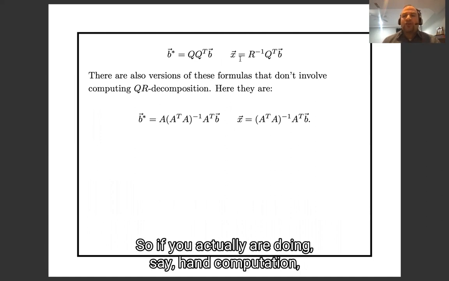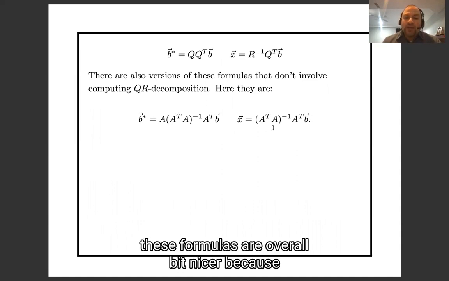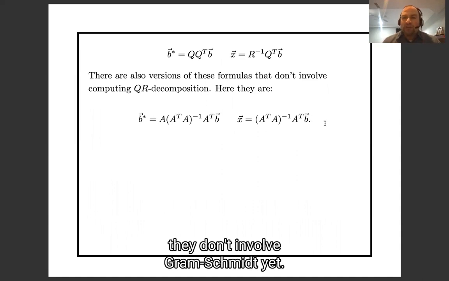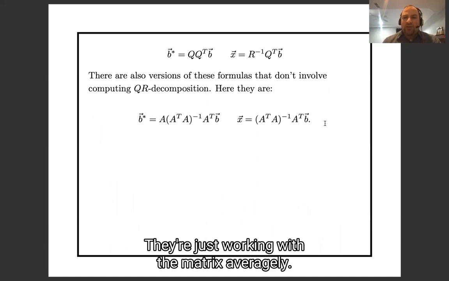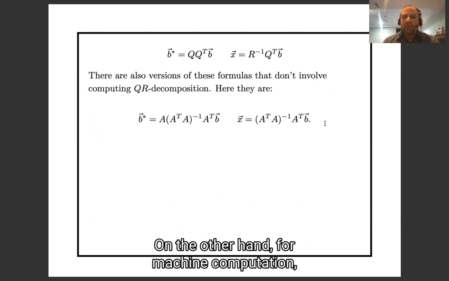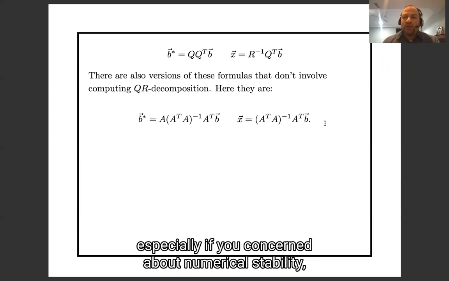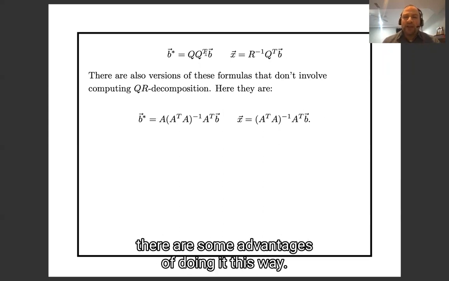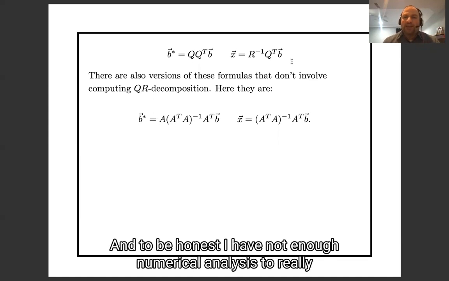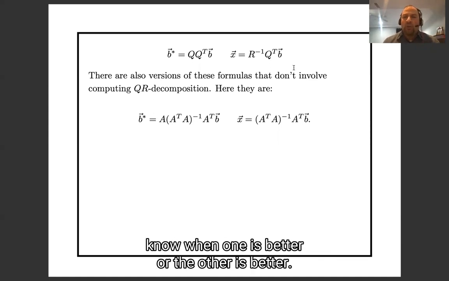So if you are doing, say, hand computation, these formulas are a little bit nicer because they don't involve Gram-Schmidt, yet they're just working with the matrix A originally. On the other hand, for machine computation, especially if you're concerned about numerical stability, there are some advantages to doing it this way. And to be honest, I'm not enough of a numerical analyst to really know when one is better or the other is better.